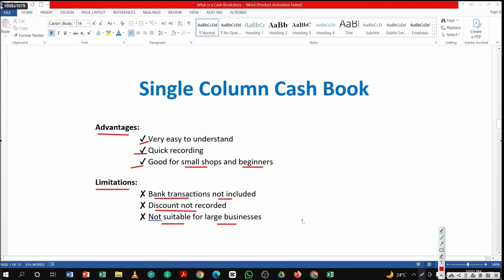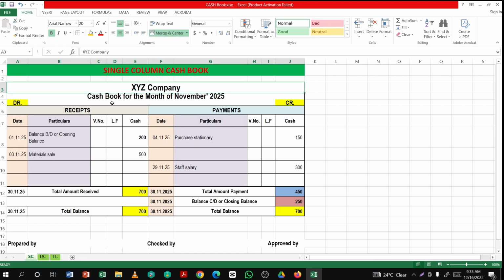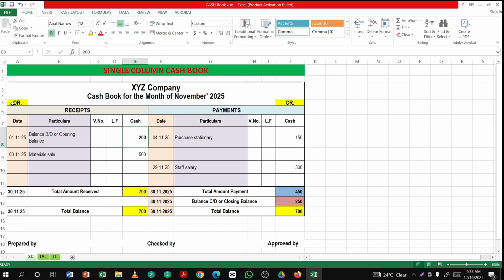Now we will see how a single column cash book works. This is a single column cash book format. XYZ Company cash book for the month of November 2025. The left side is the debit side, that is receipts, and the right side is the credit side, that is payments.